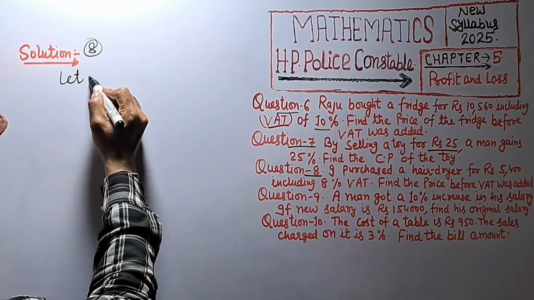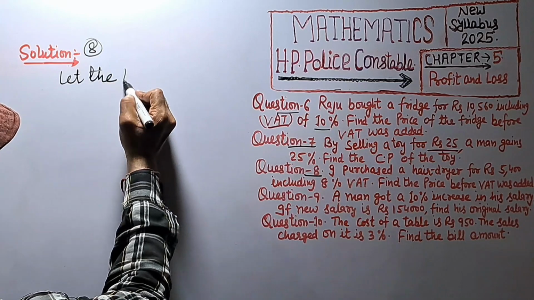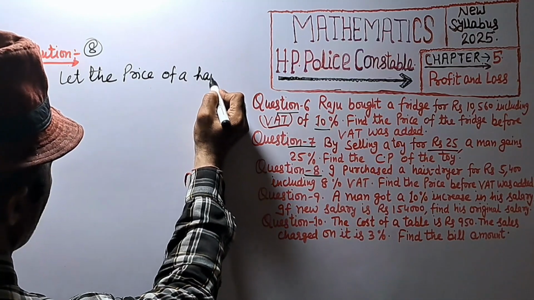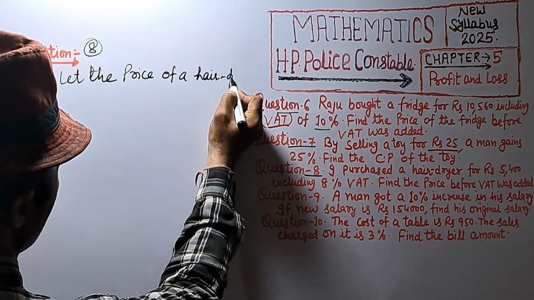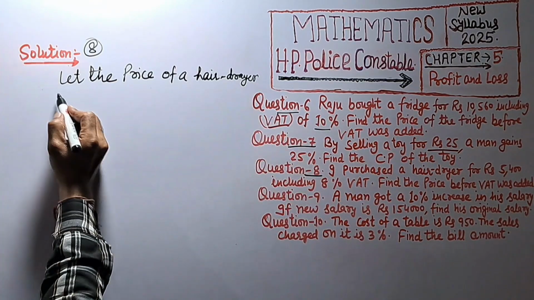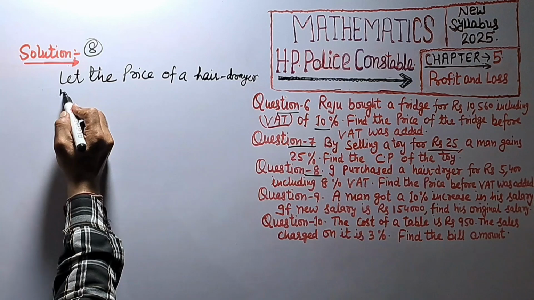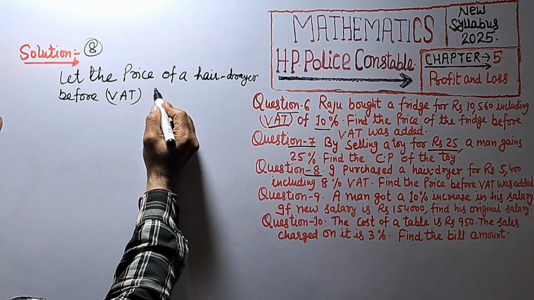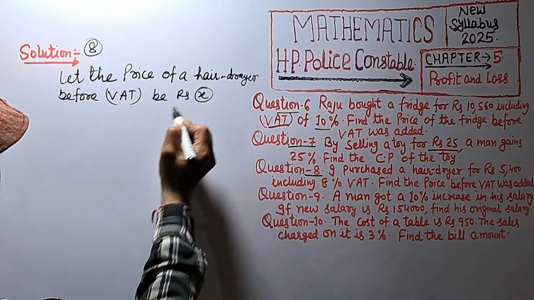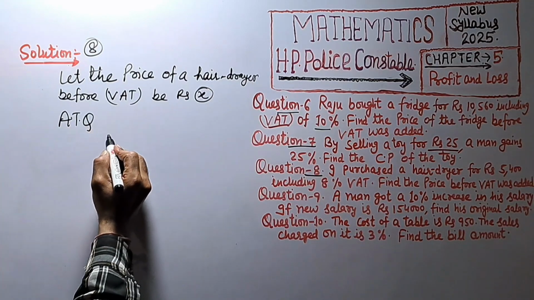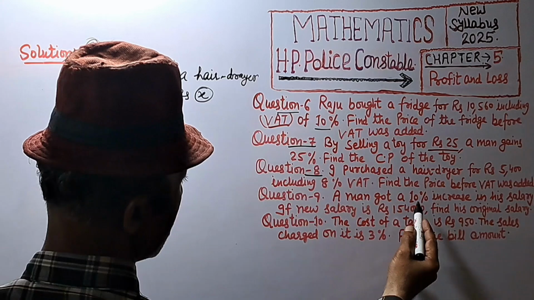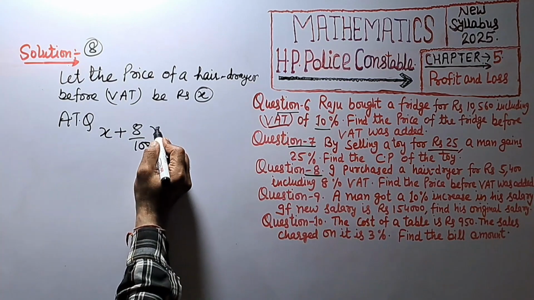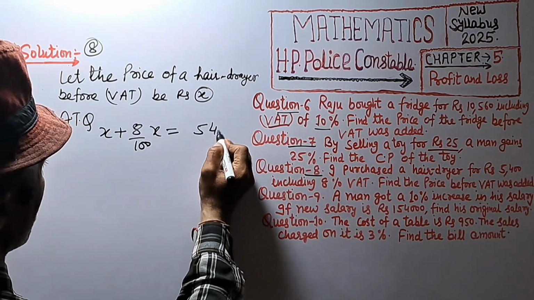Let the price of a hair dryer before value added tax be rupees X, and according to the question, X plus 8% of X equal to 5,400 rupees.